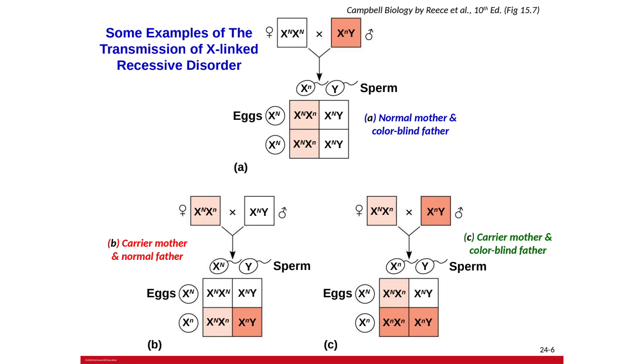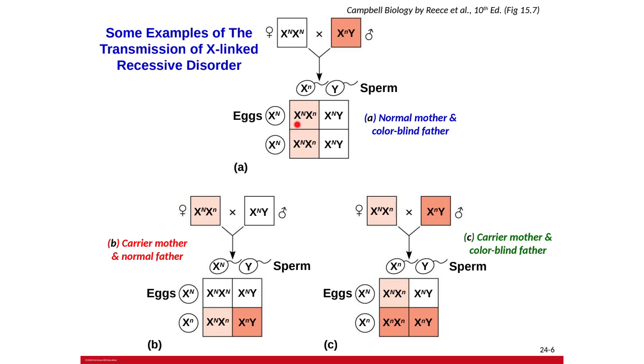Okay, so now let's look at what happens in the case of females. Here, the female passes on only the big N allele, whereas the male only passes along the X small n allele.